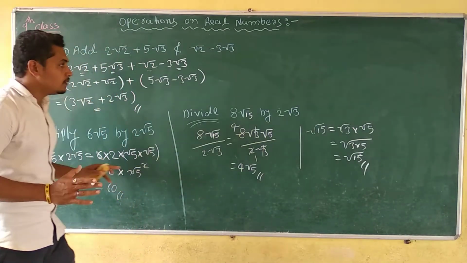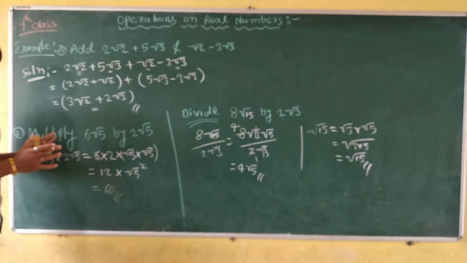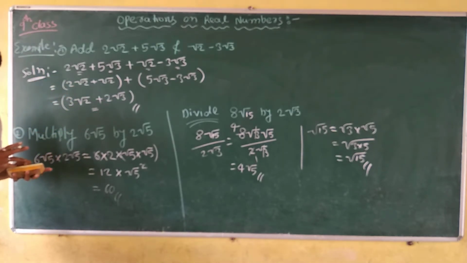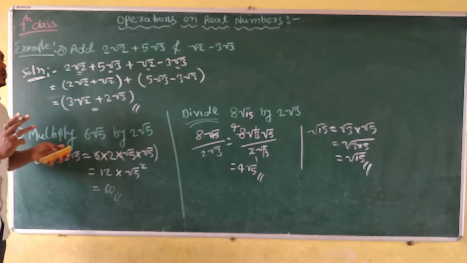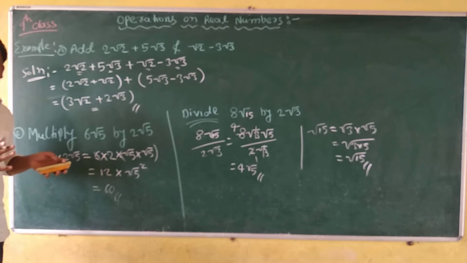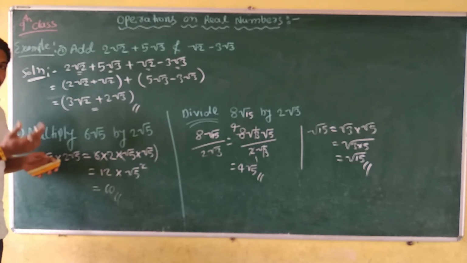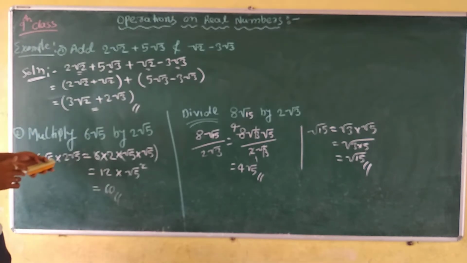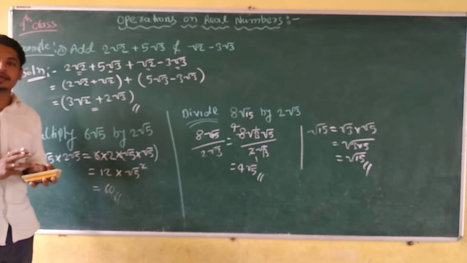Which means it gives one statement: when we do addition, subtraction, multiplication or division with two irrational numbers, it gives either a rational or an irrational result. In the last class we did all operations with one rational number and one irrational number.